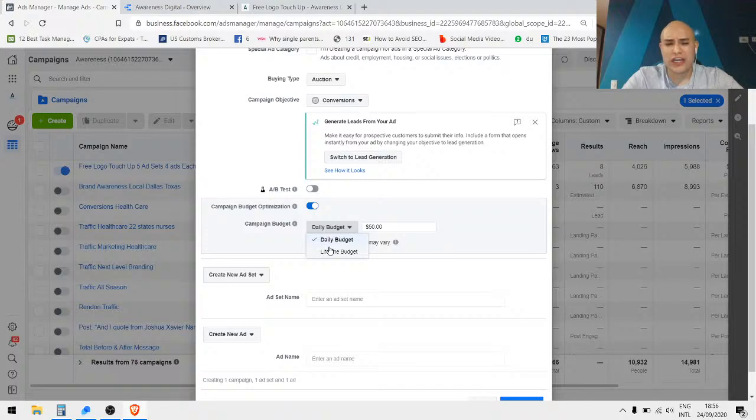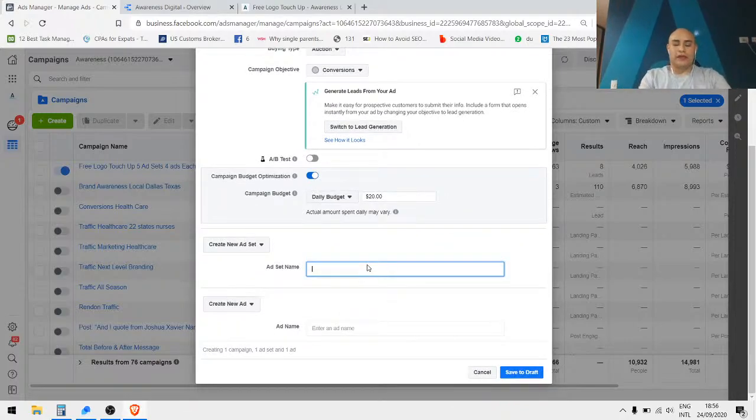You have lifetime budget here, but we don't like using it. It's dumb in our opinion. You want to keep things as simple as possible and clear. So we have the daily budget. So let's just say it's 20, right? The ad set name is going to be CBO example 2.